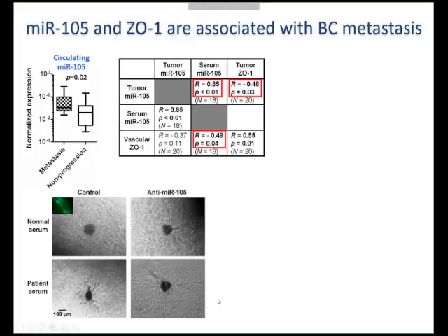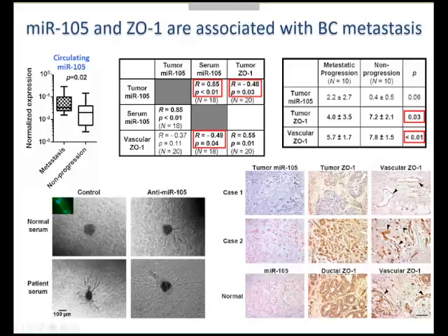And these are representative pictures showing the correlation between tumor-expressed miR-105, indicated by blue color here, and the expression of ZO1, indicated by brown colors in the tumor cells, as well as in the tumor-adjacent vascular endothelial cells.